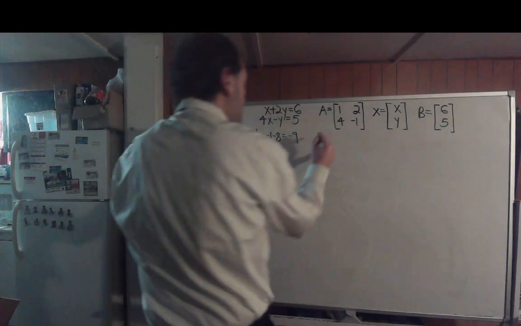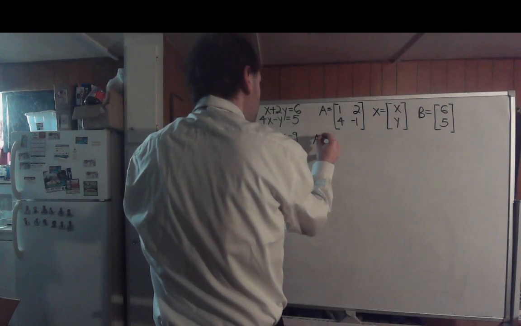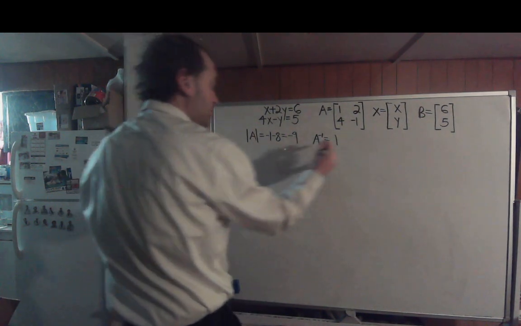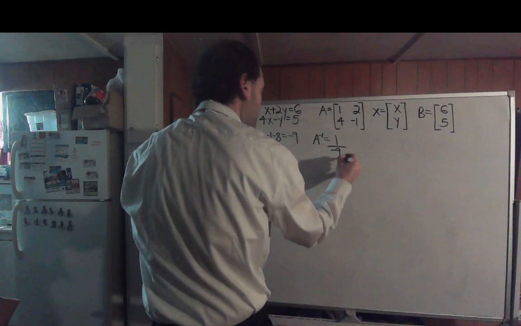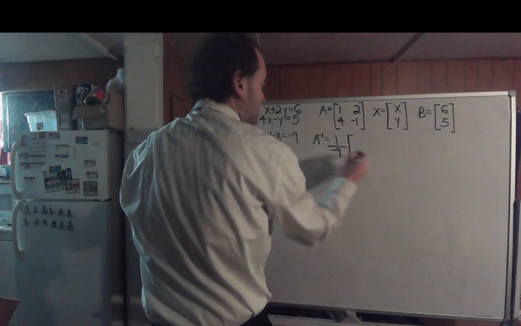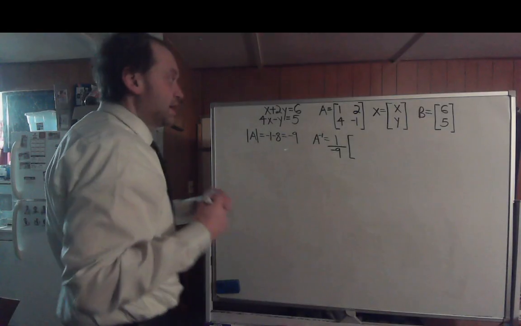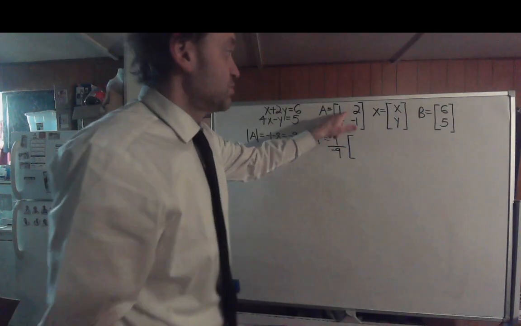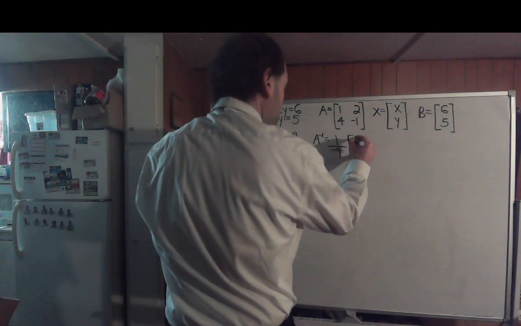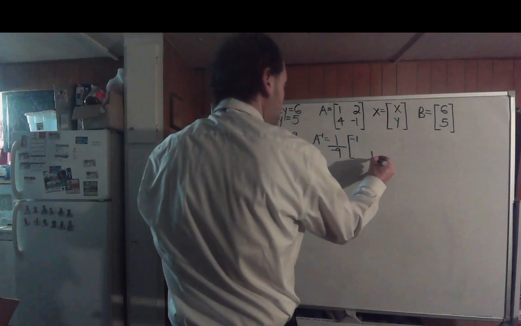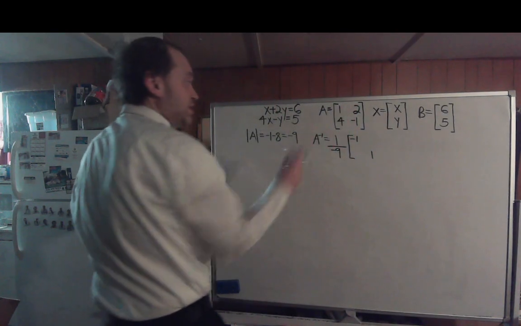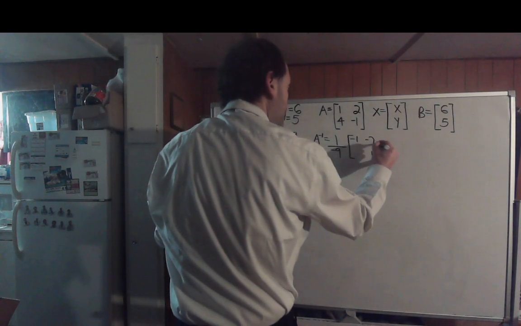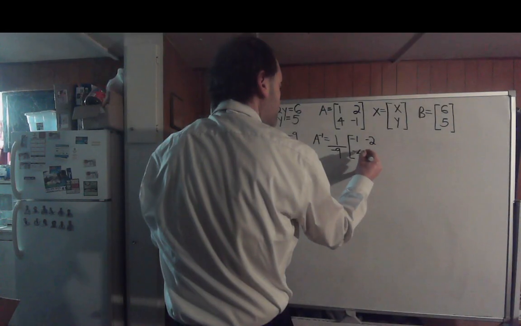Okay. So to start finding A inverse, that's going to be 1 divided by your determinant of A, which is -9, times, that becomes a scale factor, times what we got to do with matrix A. So your A and D's will switch places, so -1 will come over here, 1 will come down here. Your B and C coefficients stay in the same spots, but you just negate them. So this will become -2 and then -4.